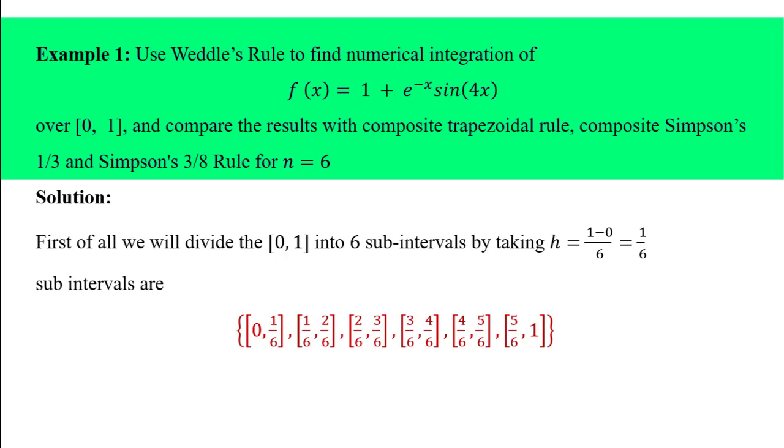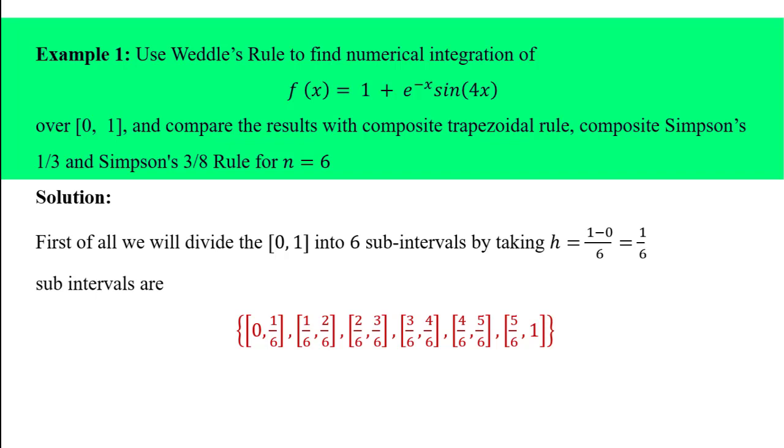Here for n equal to 6, it is not possible to compare our results with Boole's rule, because for Boole's rule you have to divide your interval into subintervals, and n must be a multiple of 4.